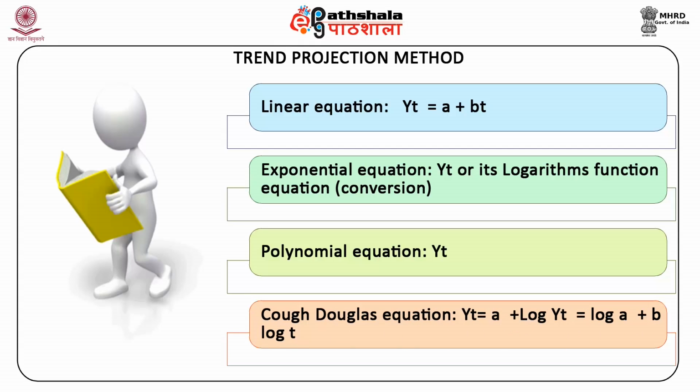Cobb-Douglas equation: Yt = A, or log Yt = log A + B log T, where in the illustrated equations, Yt is demand for year T, T is the time variable, and A and B are constant variables.